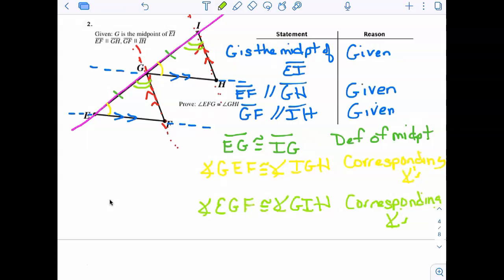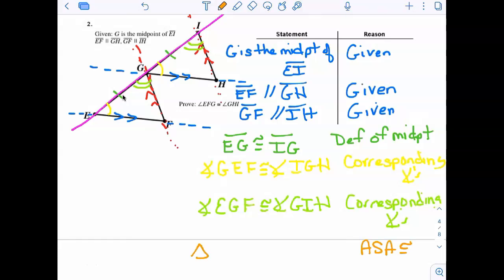Okay, so now if you look at what we have, angle, a side, and an angle, and that side that we have that we're showing that is congruent, that's an included side. So now we can state that those two triangles are congruent by angle, side, angle.